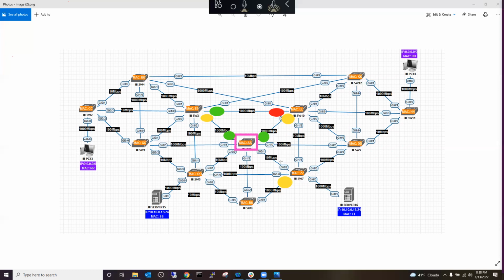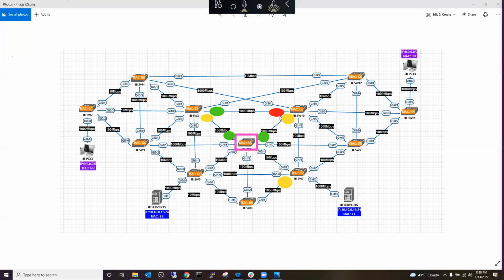Yeah. So Kelvin said on switch 7, we're blocking on gigabit 0/2, because it has the lowest cost to get to the root bridge. The root bridge being the switch with the pink rectangle around it. Yeah, that's supposed to be a blocked port because basically if you go around it, gigabit 0/3 to switch 9, and then gigabit 1 to switch 10 and then go back to the root bridge, you're gonna have a lower cost.